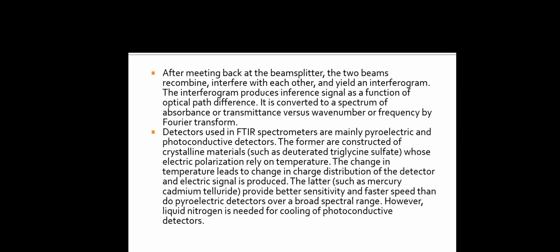After meeting back at the beam splitter, the two beams recombine, interfere with each other, and yield an interferogram. The interferogram produces an interference signal as a function of optical path difference. It is converted to a spectrum of absorbance or transmittance versus wave number or frequency by Fourier transform.